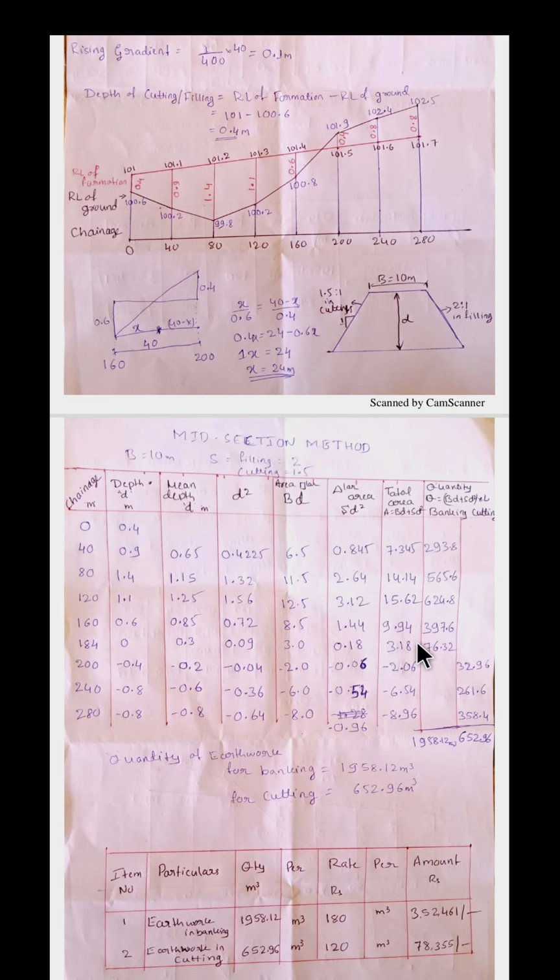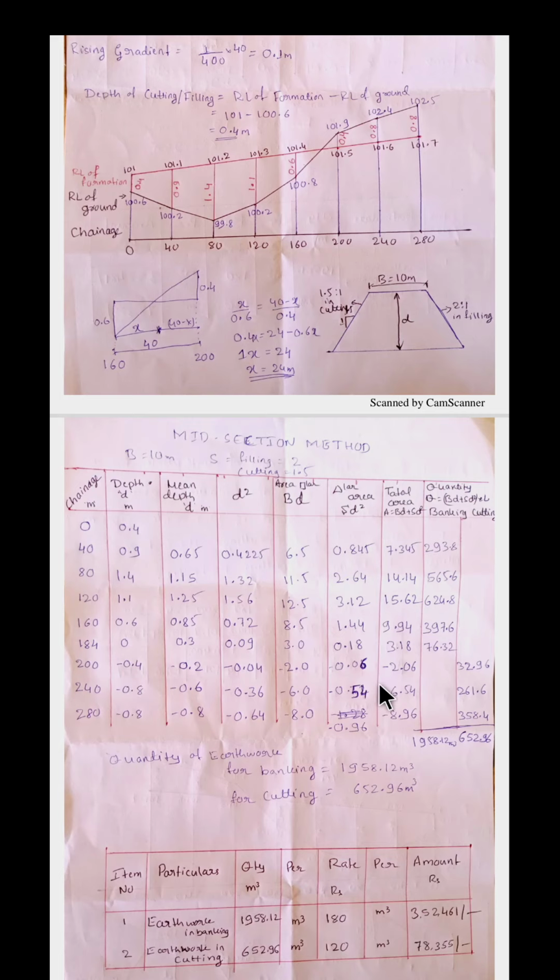For 3.18 here we should not take 40, because the distance between 160 and 184 is 24. So it is 3.18 into 24, since 184 minus 160 is 24. That is this much portion, at a distance of 24 with the area of 3.18. So it becomes 76.32.